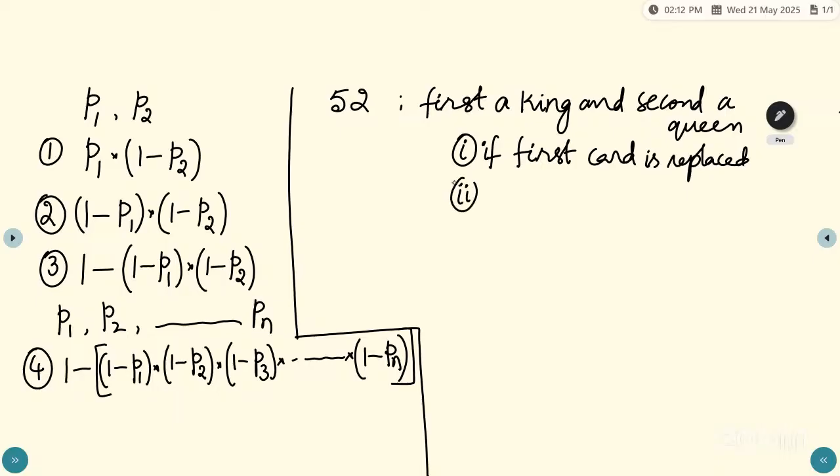Second question: if the first card is not replaced.